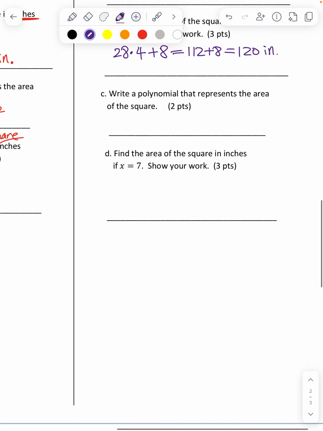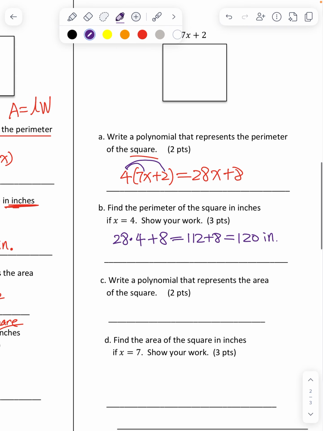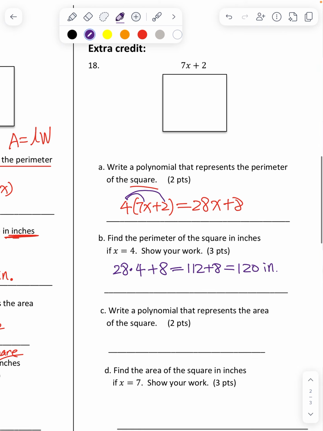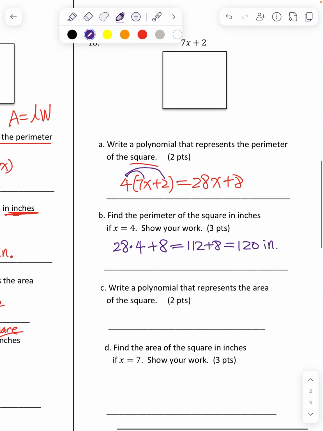Number C. I think after C is D. That's the last question. So write a polynomial that represents the area. The area is just the side squared, right? Side times side. So (7x plus 2) squared. That's it.